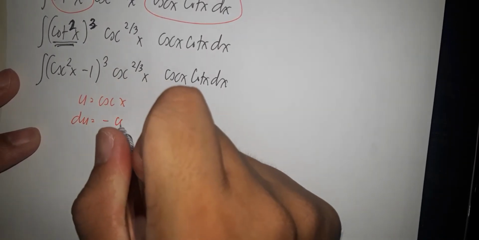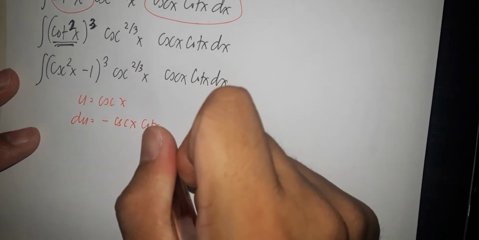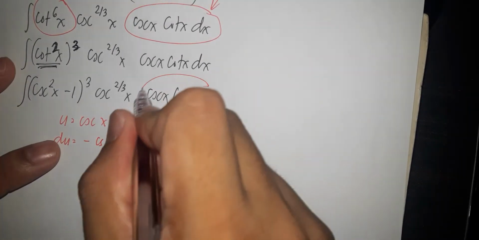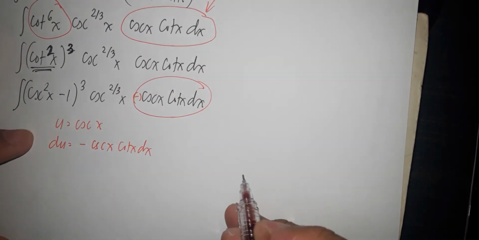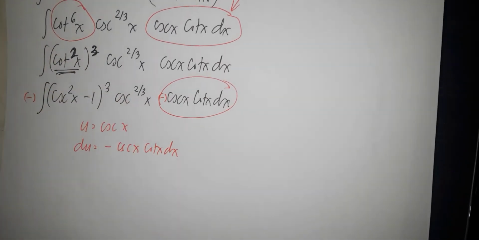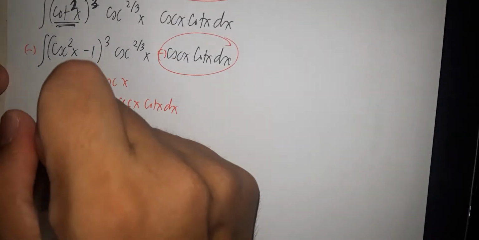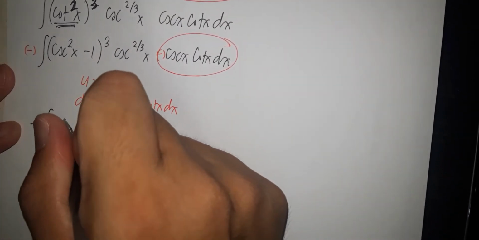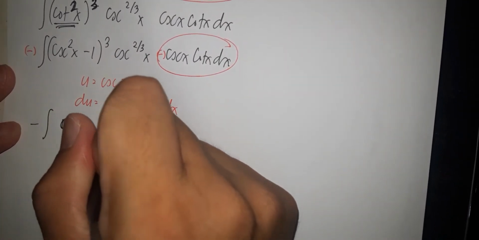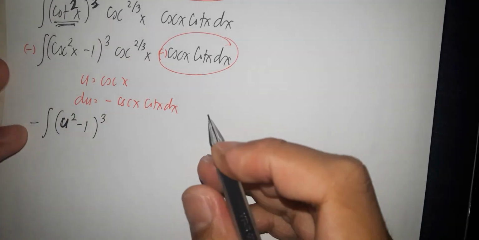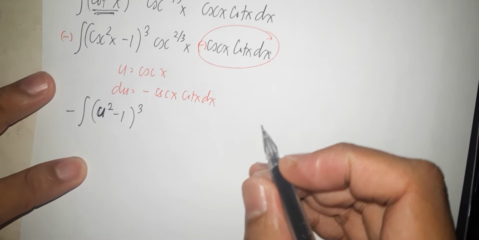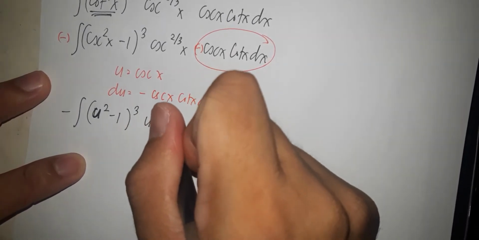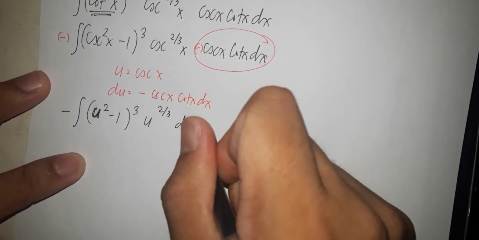The derivative of u is negative cosecant of x, cotangent of x dx. This will be our prepared differential only if I provide a negative here and compensate with a negative outside. So this is negative integral of u squared minus 1 cube, u raised to 2/3 du.